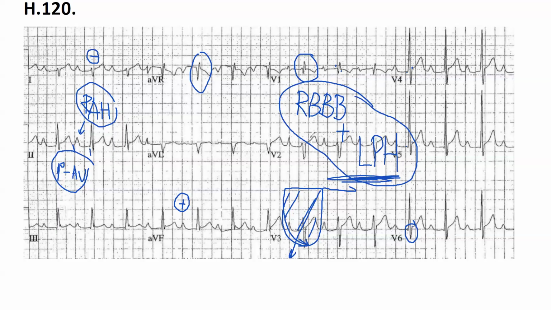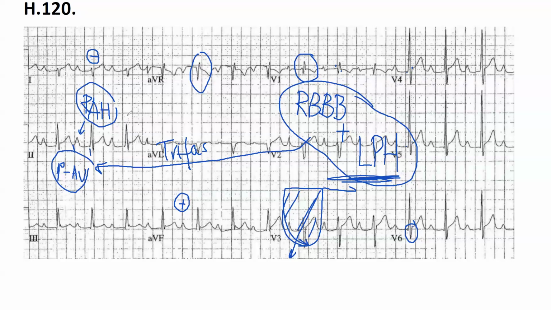That's a bifascicular block. Plus, we have a first degree AV block. This means a trifascicular block. And we do have a right atrial hypertrophy.